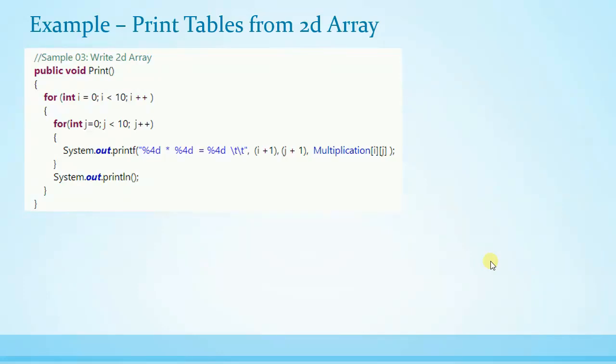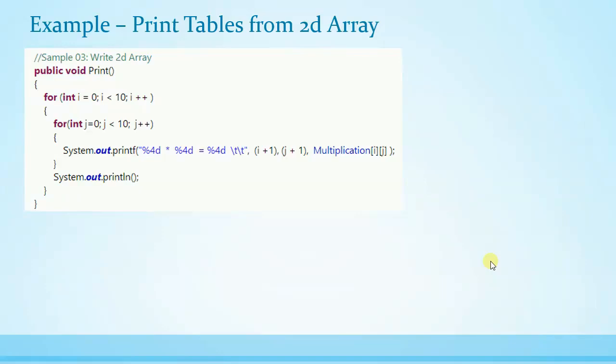We are reading the array element multiplication[i][j] within the square brackets. In each iteration, it locates the multiplication table array, which is holding the result, and prints that in a formatted way.